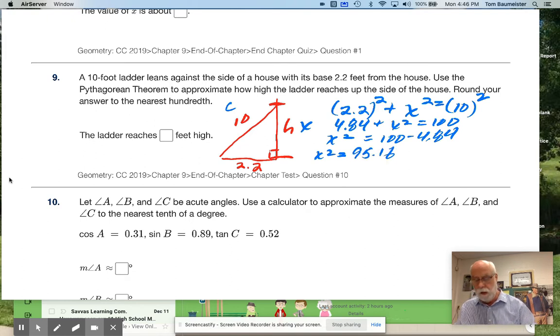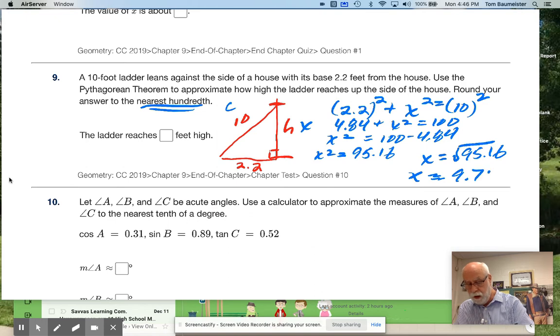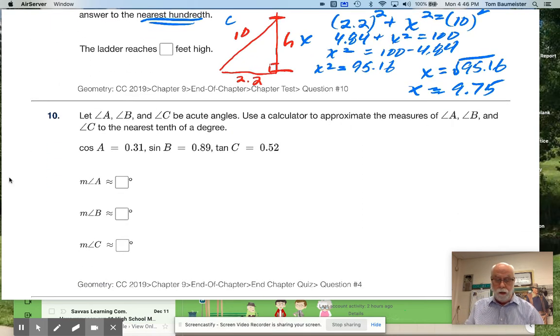Again, to undo a square, I'm going to take the square root of it. And when I round that to the nearest hundredth, that's 2 decimal places, I'll get that x is approximately equal to 9.75. Okay. All right.